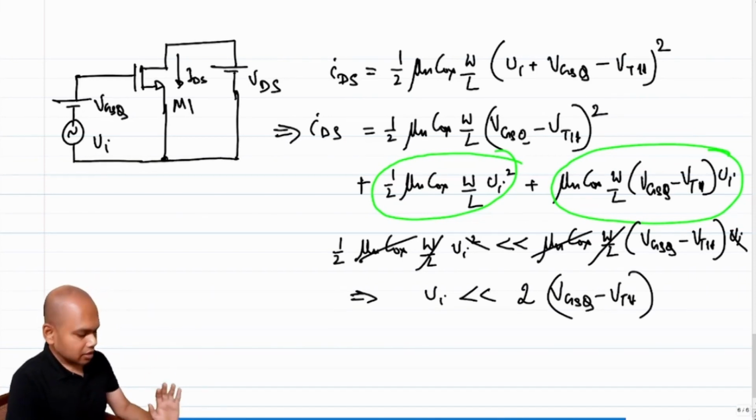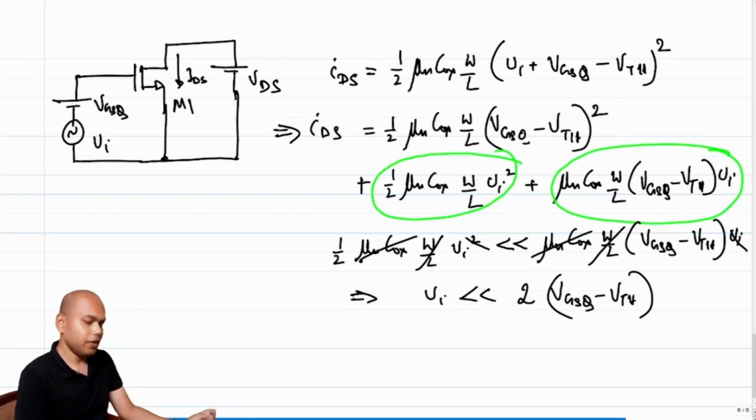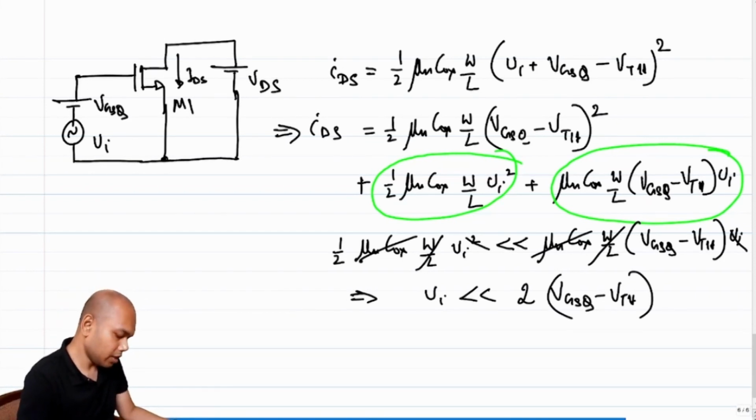So this is as far as the constraint on small signal is concerned, right? So is the small signal constraint valid in our case? For example, is it valid when Vi was 0.1 sin omega t? So in our case, what was Vi? Vi max was 100 millivolt, so 0.1 volt.